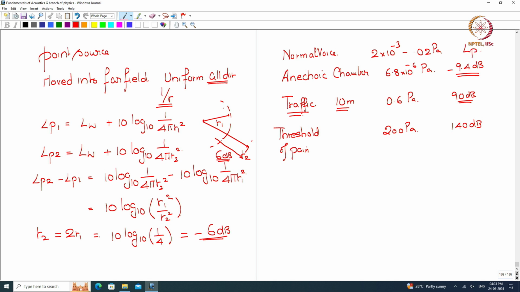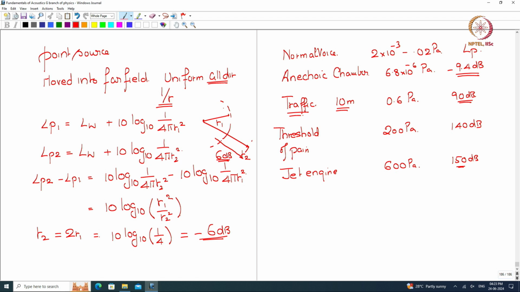A jet engine, depending on the distance, could be about 600 pascals, which could be about 150 decibels, and so it is very loud.